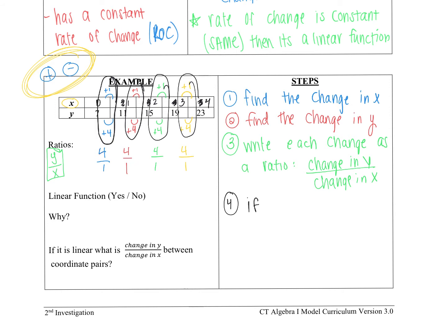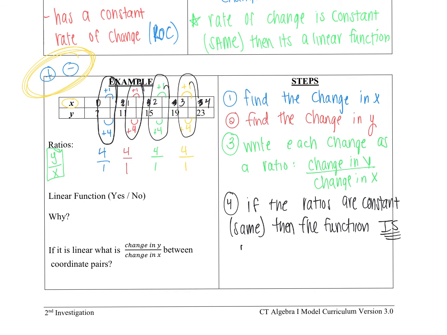So, if the ratios are constant, and we know the word constant just means same, then the function is linear. First thing you're going to ask yourself, we have the rate of change here.